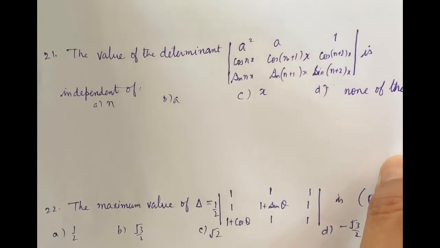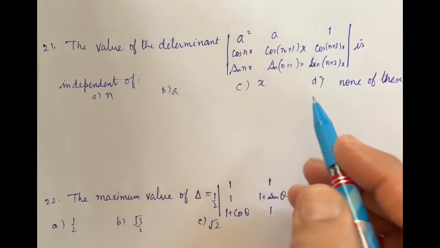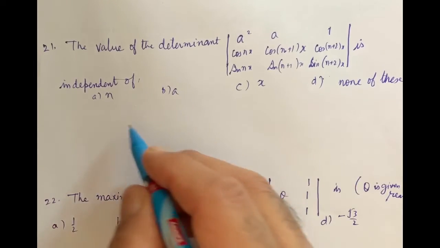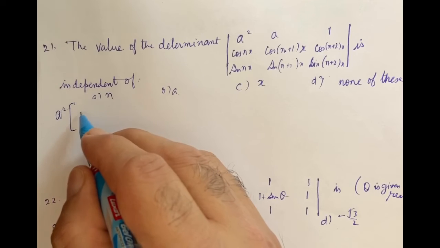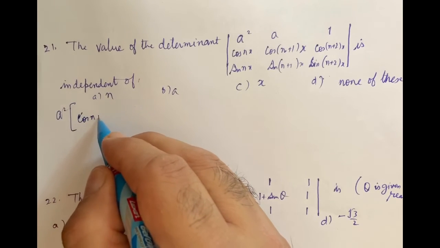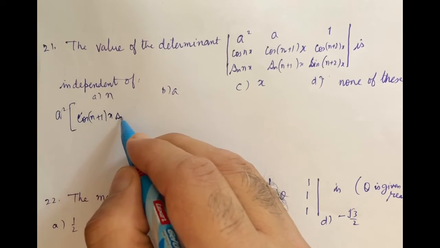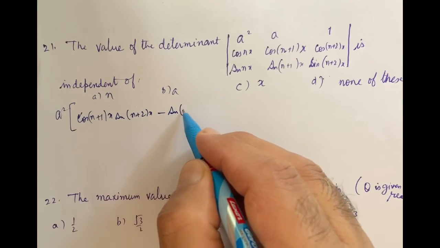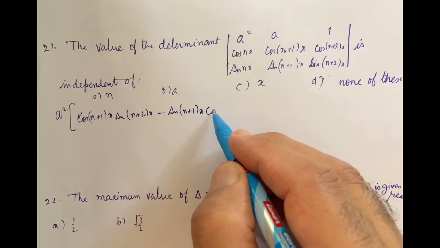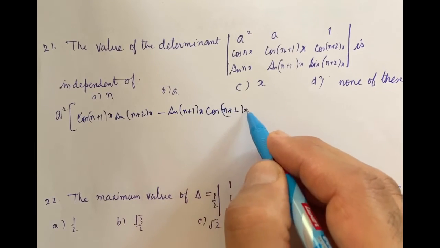Next, we can expand along the elements of the first row. This is a square into cos of (n+1)x into sin of (n+2)x minus sin of (n+1)x into cos of (n+2)x.